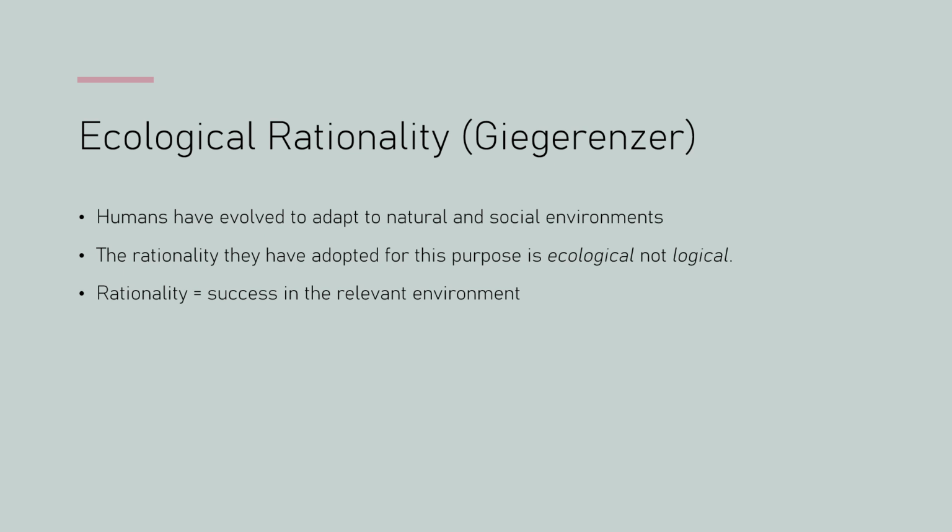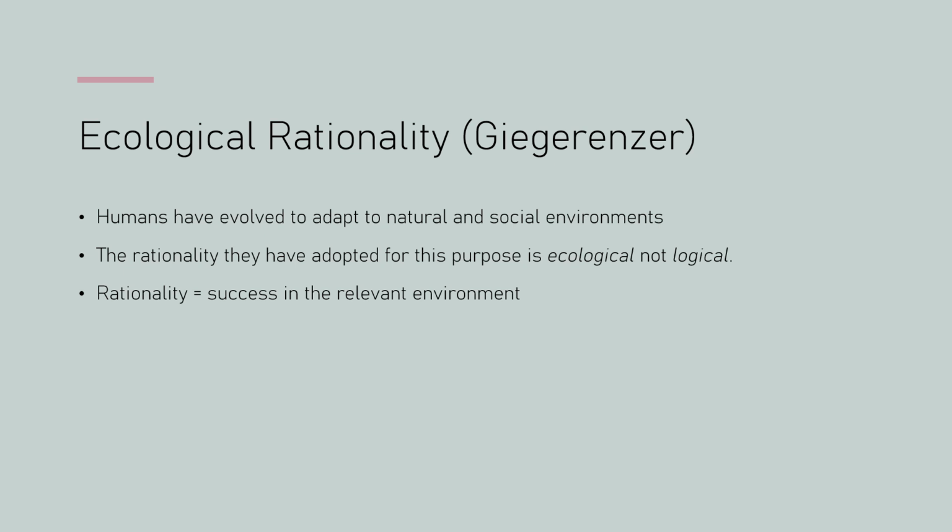The second response is to focus on this idea of ecological rationality, which Gigerenzer again proposes as an alternative to the logic and probability idea of rationality that Kahneman and Tversky and others use.